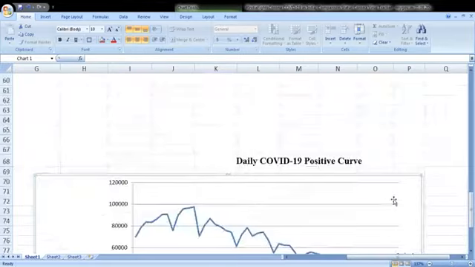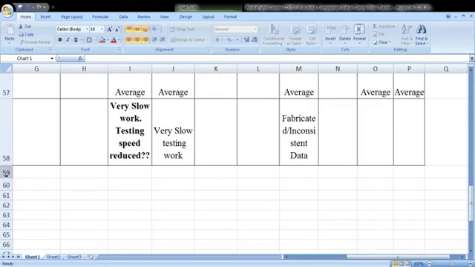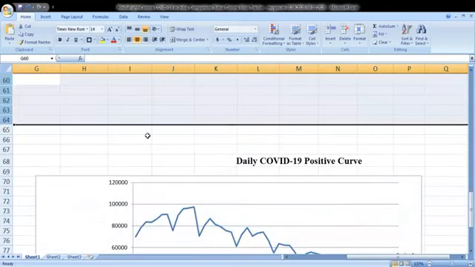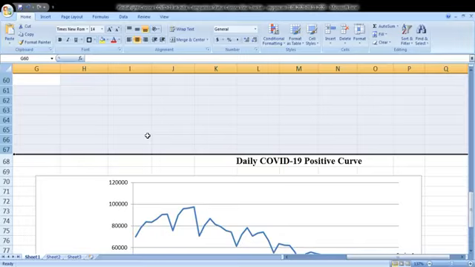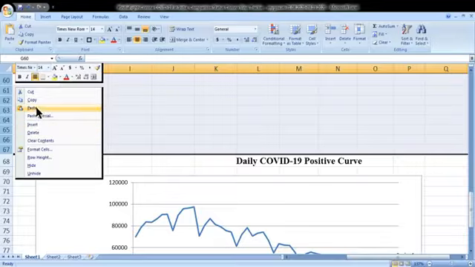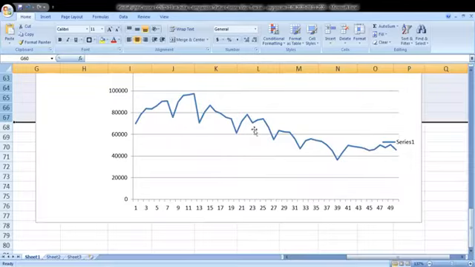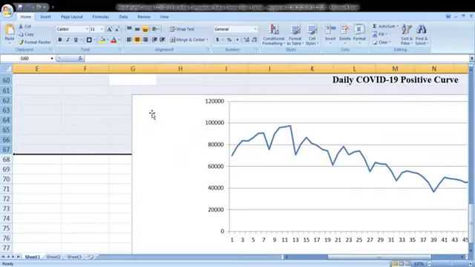This is an important point that we should understand. You can remove this part and delete this portion, so it's very clear. So daily positive COVID-19. You can blow it up further, no problem. It's quite clear. There's no major confusion here.